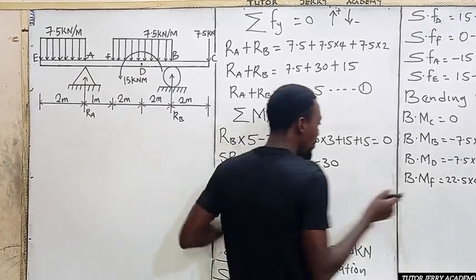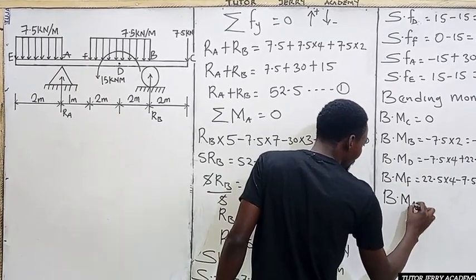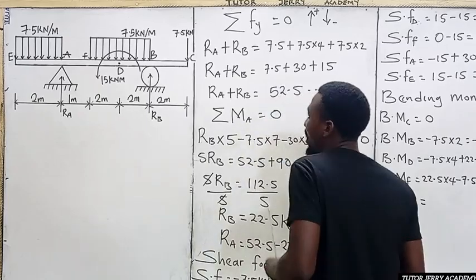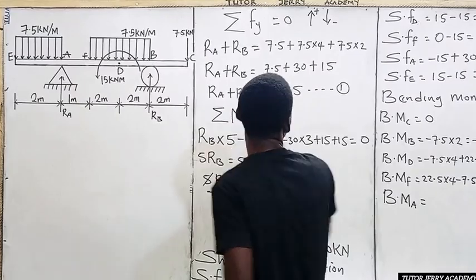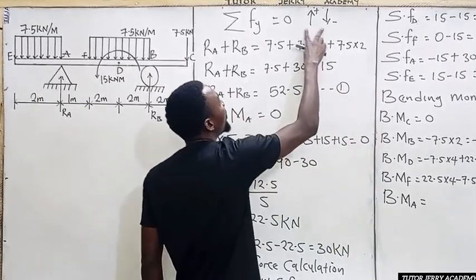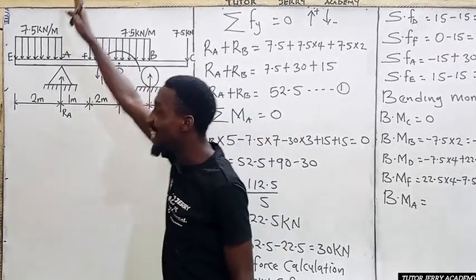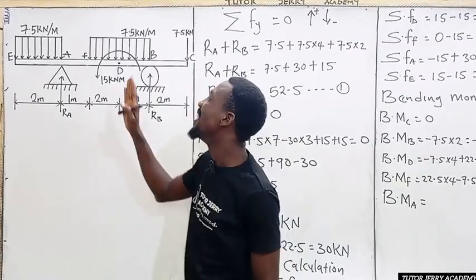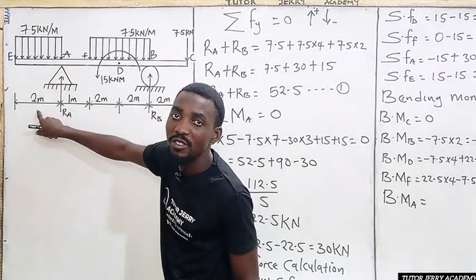So I'm going to be taking my moment about that point. This is the bend moment about point A, which will be equals to what? Now, if we are doing that, you have to be careful. We are going to be taking note of this condition here. Exactly. Because there we are going to be having a downward force, which is going to be negative. So it's going to be 7.5 multiplied by 2.